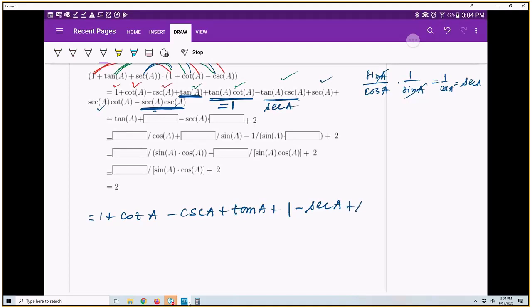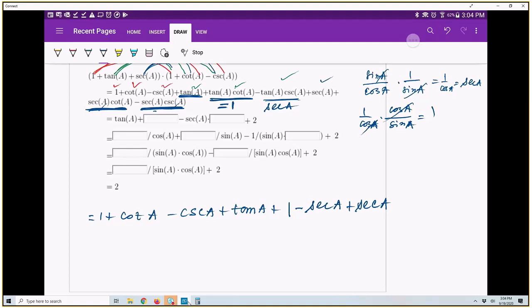Then you have plus secant A, so that's very nice because they will cancel each other. Then I have secant A cotangent A. Again, secant is 1 over cosine, and cotangent is cosine A over sine A. So cosine cancels.